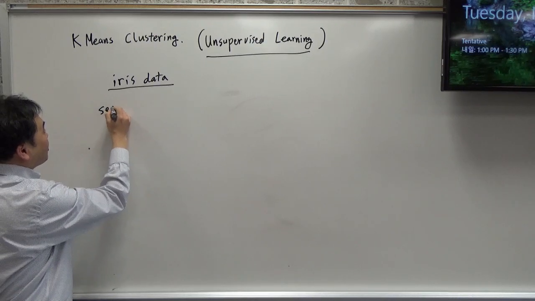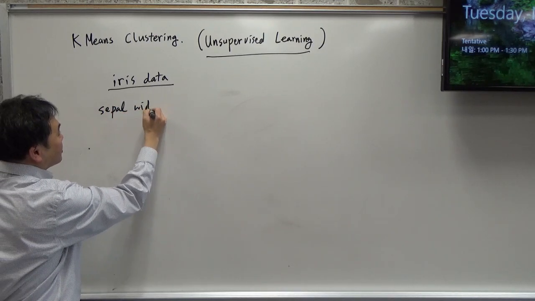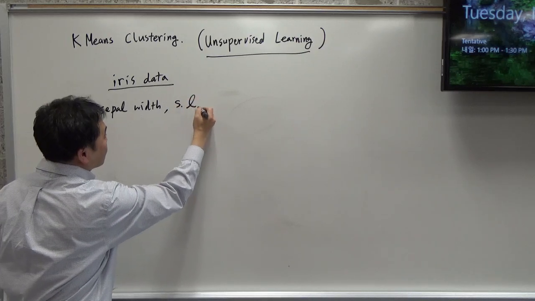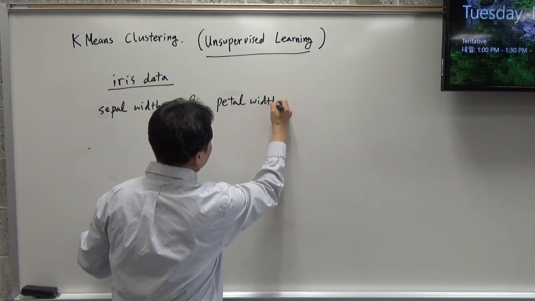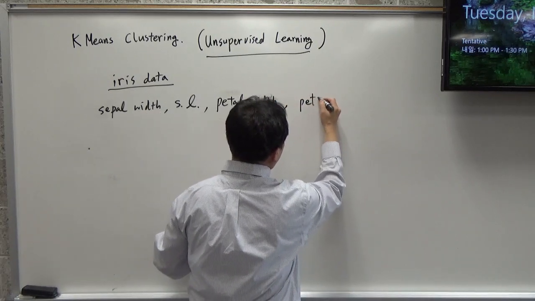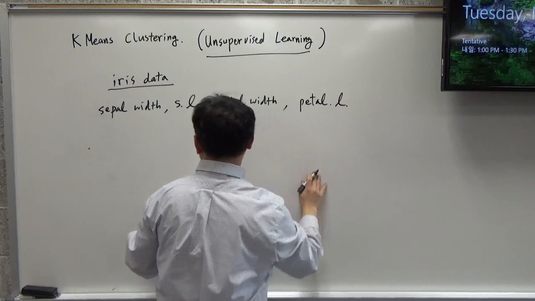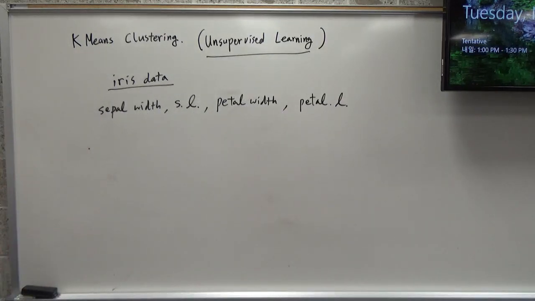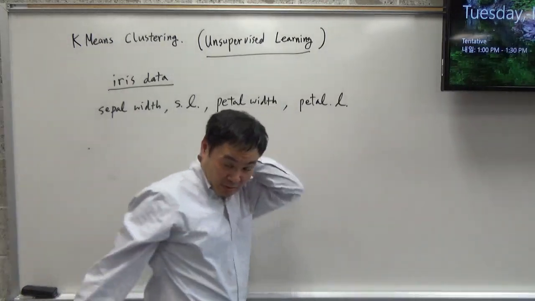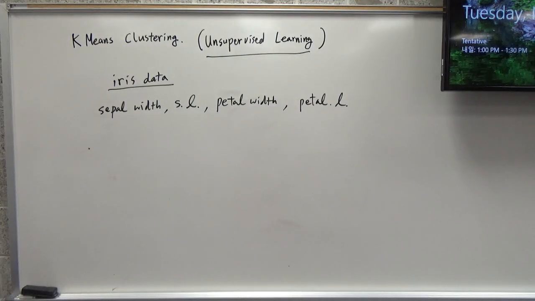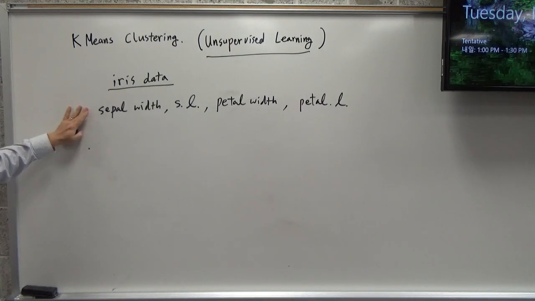It has the sepal width, sepal length, petal width, petal length. Four feature sets, and it's labeled as there are 3 different categories. Okay, so that's how this iris data is structured. So you're basically trying to cluster this in 4 dimensions.